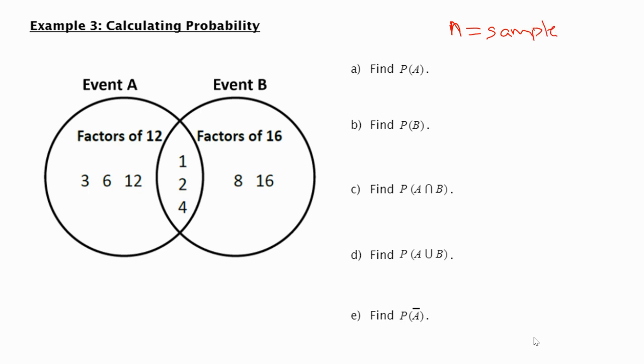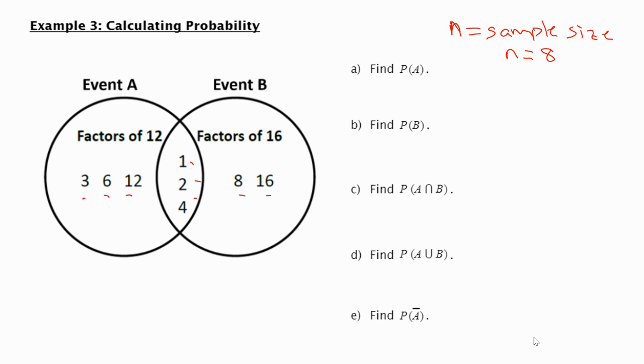And so when we're calculating these probabilities, we need to know what our total possible number of outcomes would be. So the easiest way to do that is just simply count it. So we have 1, 2, 3, 4, 5, 6, 7, 8. So N for this would be 8. So anytime we're calculating probability, our total possible outcomes that could fall within this would be 8.